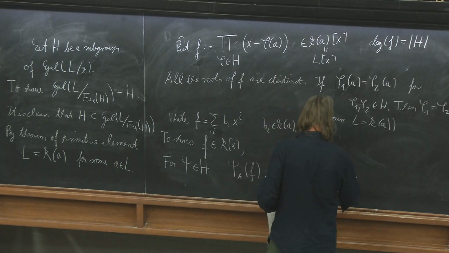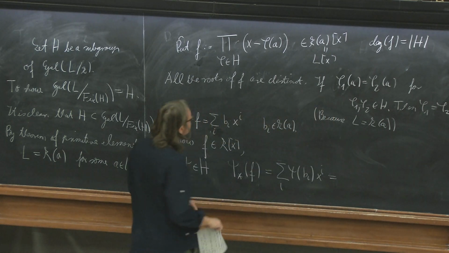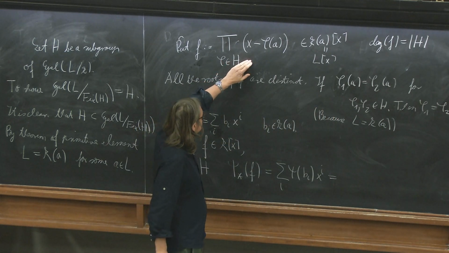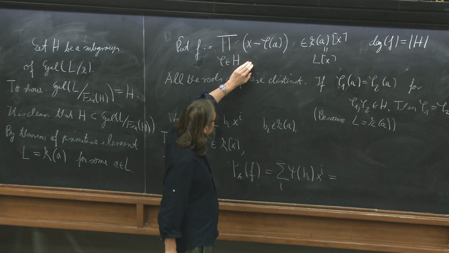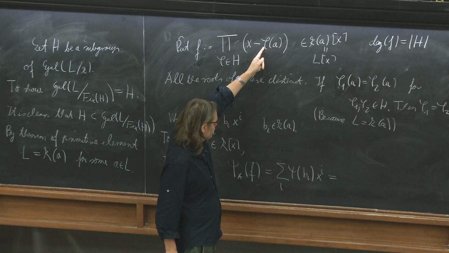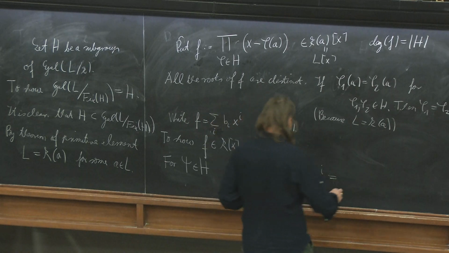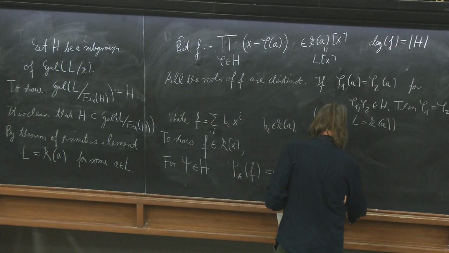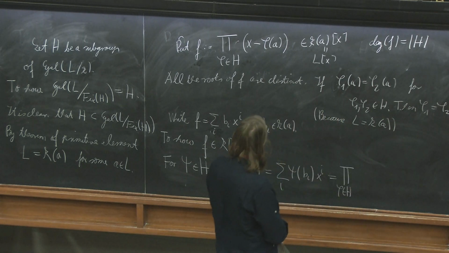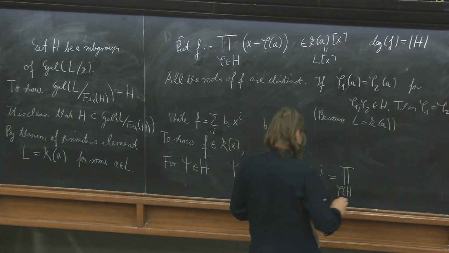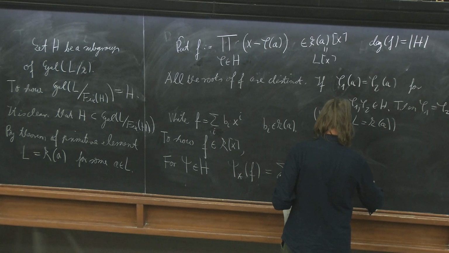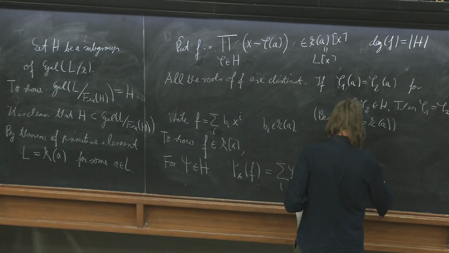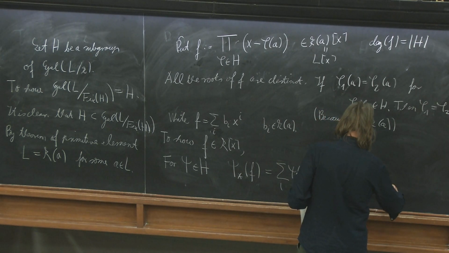How do I get this in terms of this? This is the same as if I apply psi each time to the argument here. So this is the same as the product over all phi in H of x minus psi of phi of A.